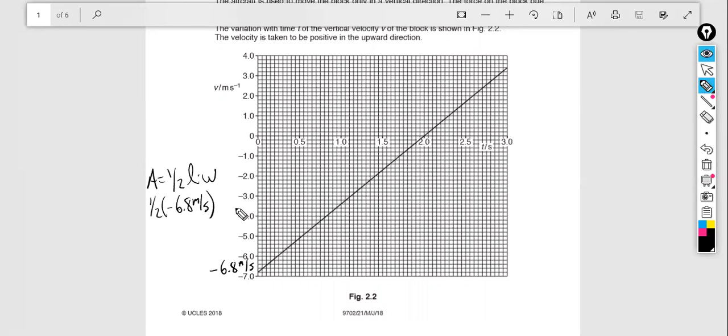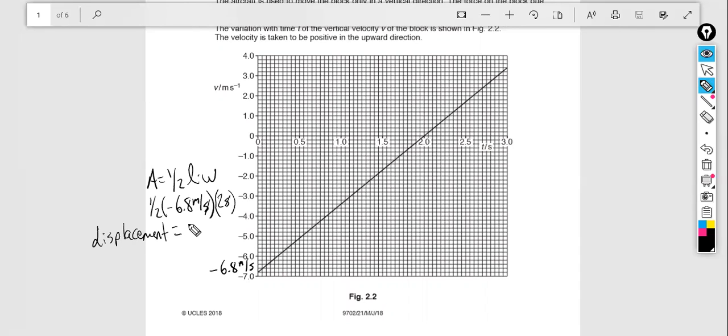So I'm just going to keep the negative sign in there so I don't forget that. And then the width would be 2 seconds, right? It's just this part of the triangle there. So negative 6.8 meters per second times 2 seconds. The seconds cancels. We're left in meters of displacement, which is what we want to calculate. So remember, the units are a big clue that you're on the right track with that.